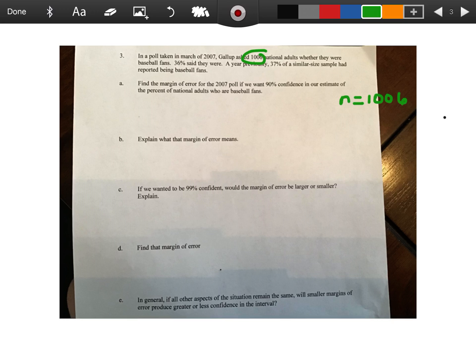We're going to use the 2007 numbers because it asked me for a 90% confidence interval in 2007. In 2007, my proportion of people was 0.36, which means my proportion of people that weren't was 0.64.